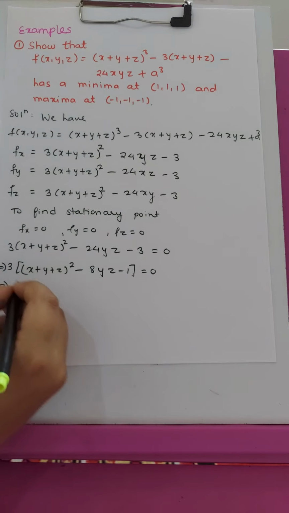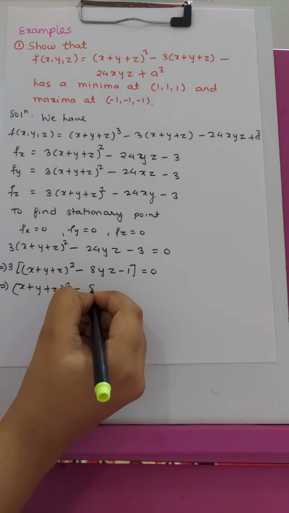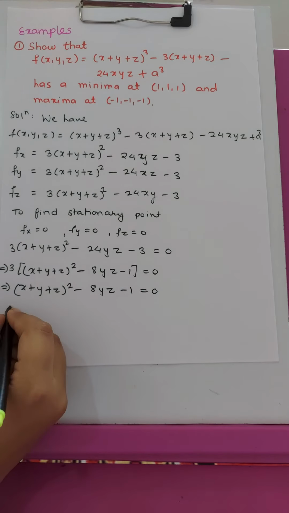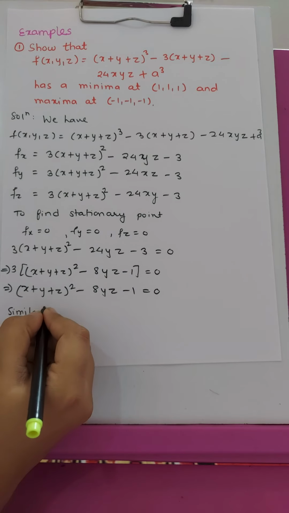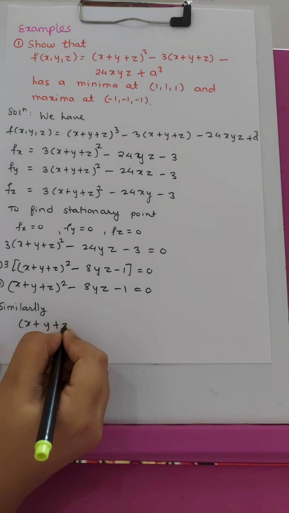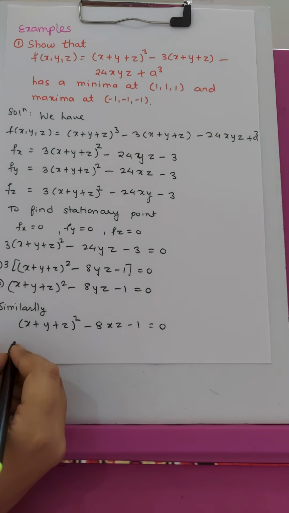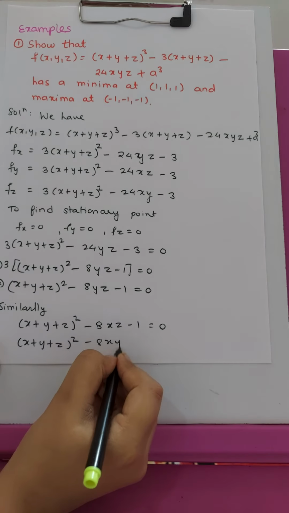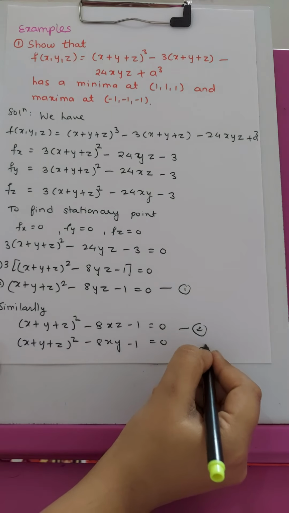So this implies x plus y plus z whole square minus 8yz minus 1 equals 0. Similarly, by equating fy equal to 0 and fz equal to 0, we get x plus y plus z whole square minus 8xz minus 1 equals 0 and x plus y plus z whole square minus 8xy minus 1 equals 0. So let these be number 1, number 2 and number 3.